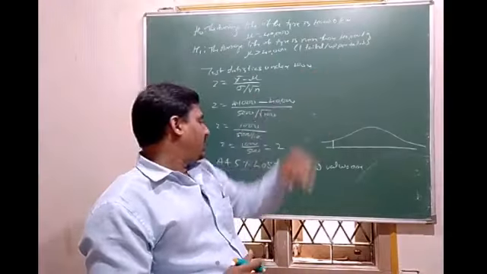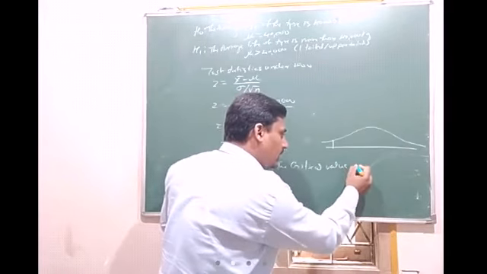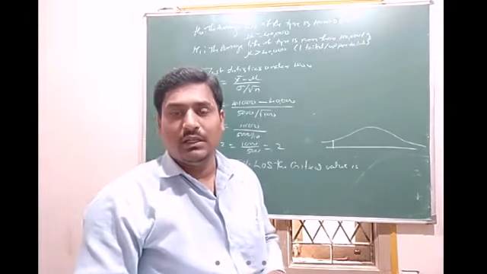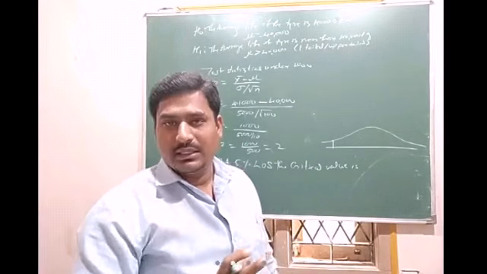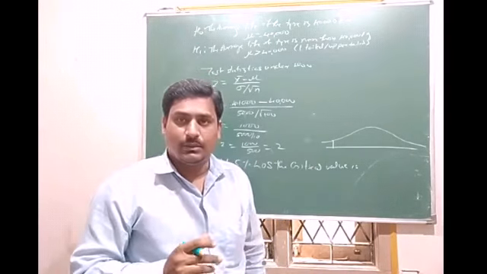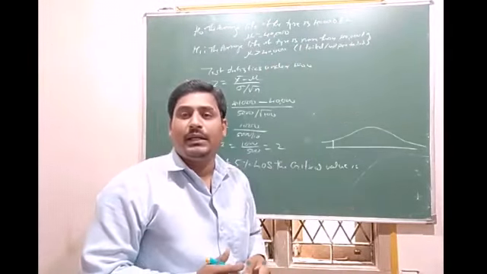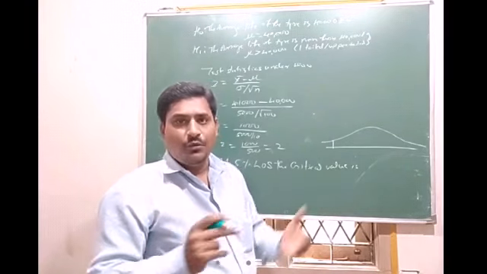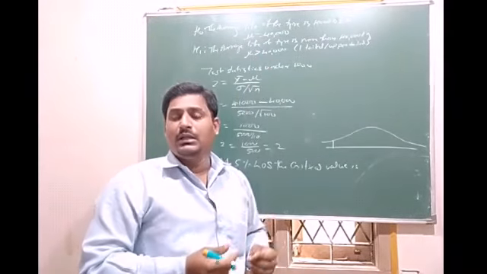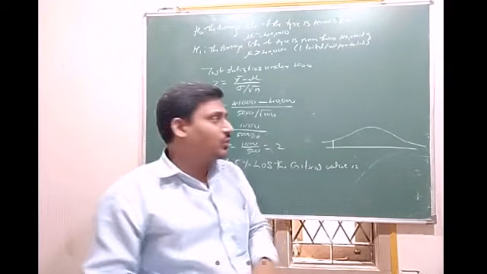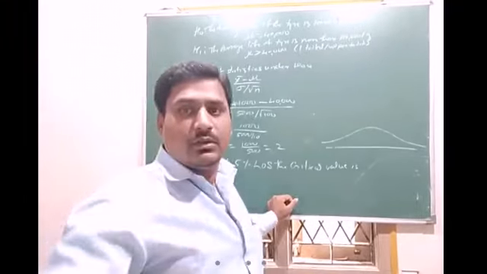So for a two-tailed test the critical values are plus or minus 1.96. And for a one-tailed test, if it is upper tail, so greater than means upper tail, plus 1.65. For lower tail, that is if the sign is less than, so less than means lower tail, the value is minus 1.65.